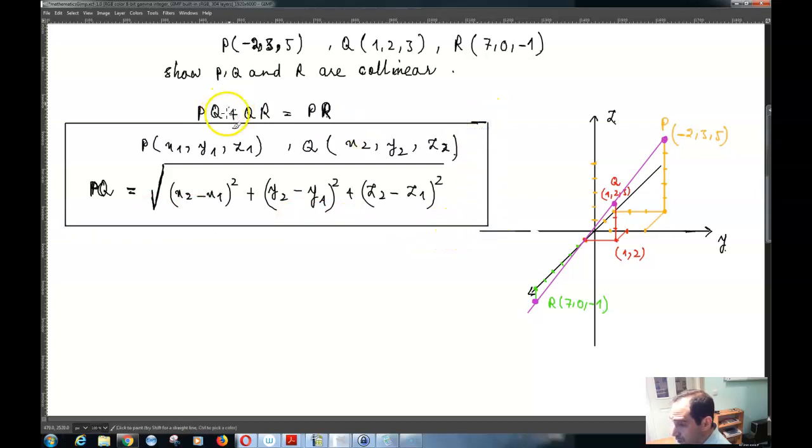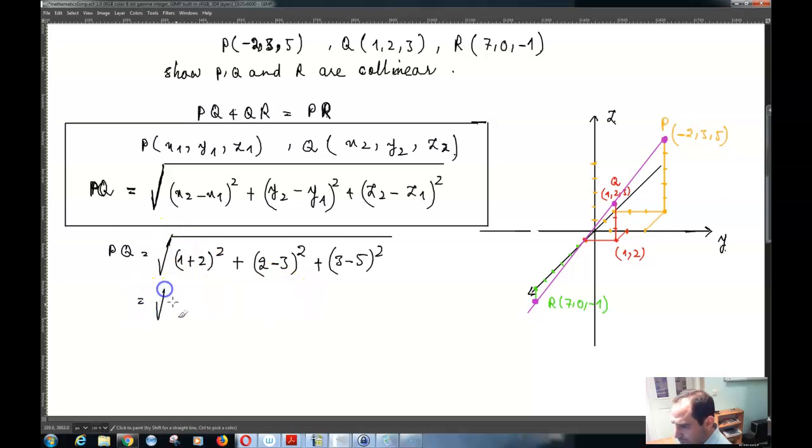Now, in order to calculate, for example, PQ here, PQ would be equal to the square root of 1 minus 4... (1 plus 2 whole squared) plus 2 minus 3 whole squared plus 3 minus 5 whole squared.